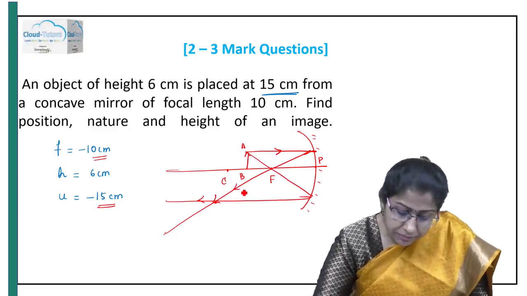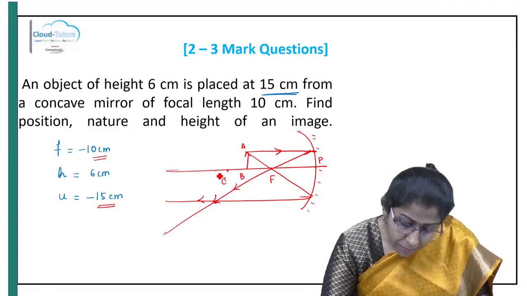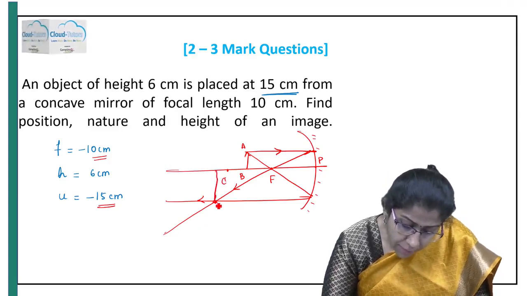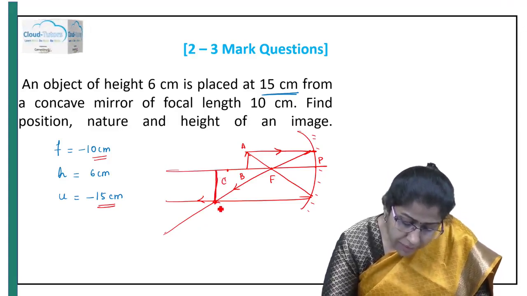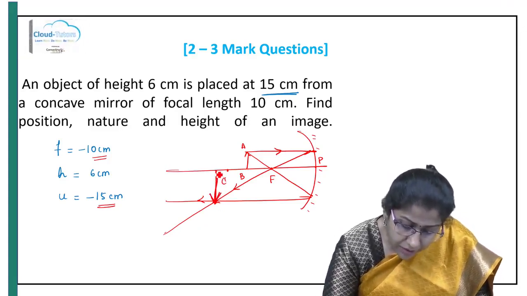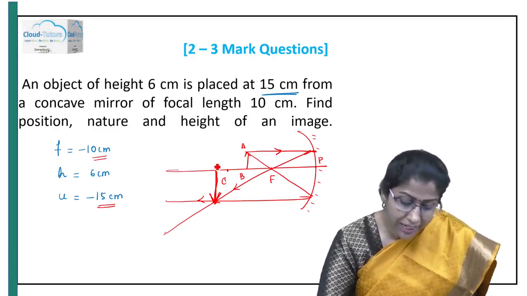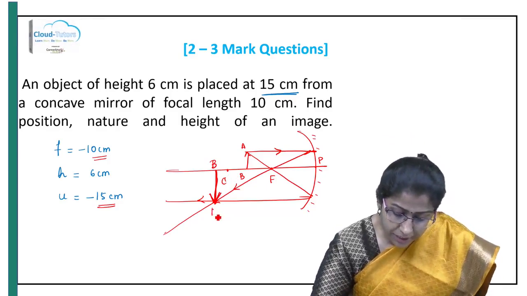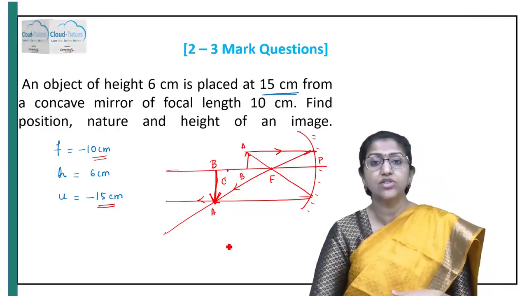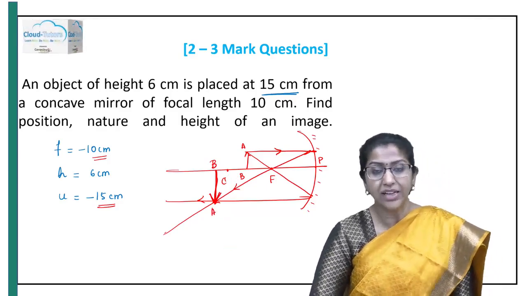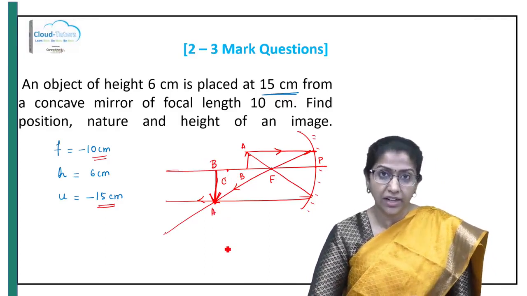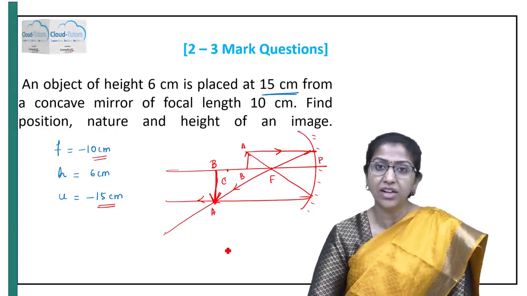You get an intersecting point of these two rays, drop a perpendicular from the principal axis, and you have a real and inverted image. Name it as B and A. You see that the nature of the image is perfectly right. The size of the image is quite enlarged, and hence you can validate your answer.